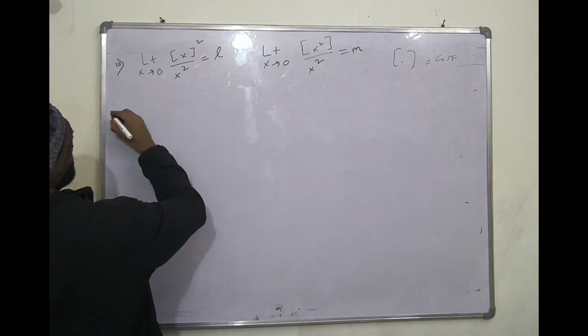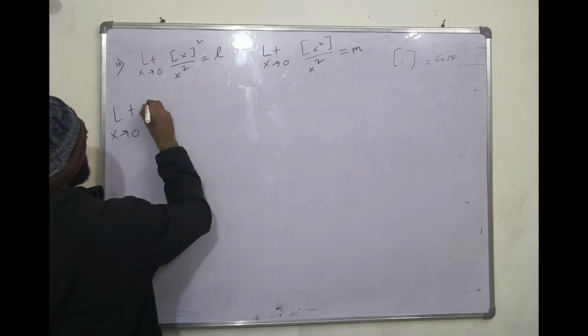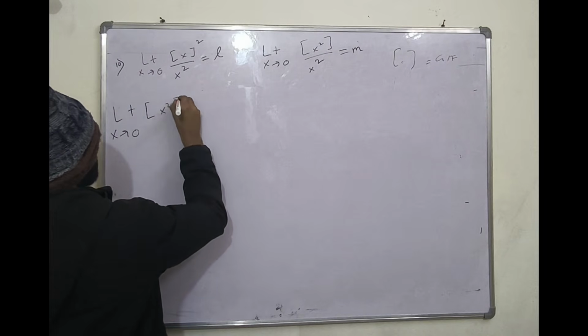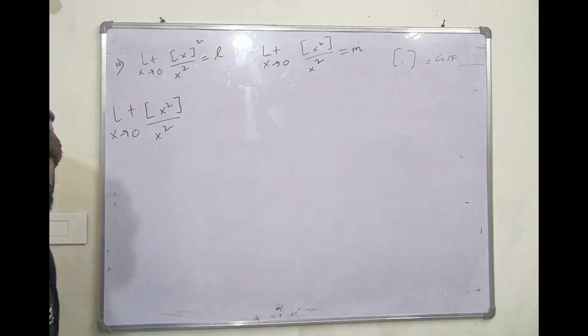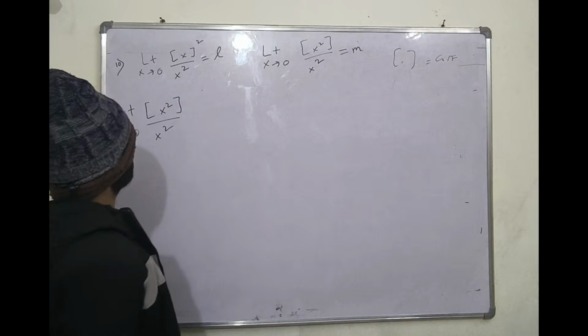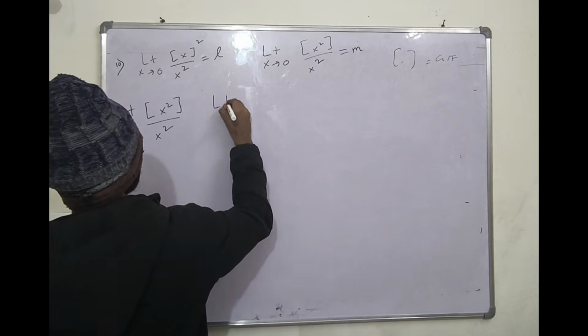Similarly, limit x tends to 0, step x square by x square. Okay, good. So now let's find the left hand limit.